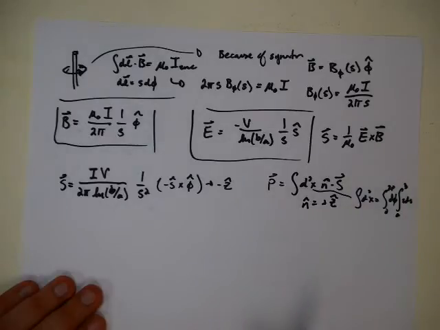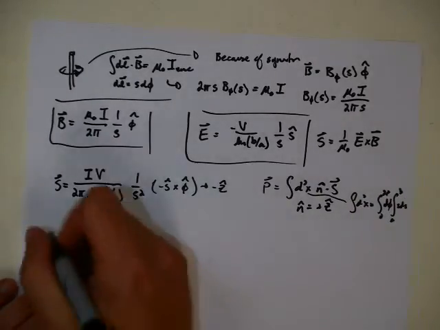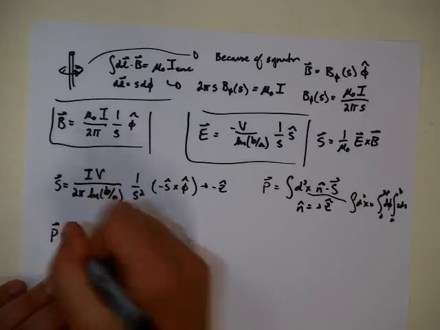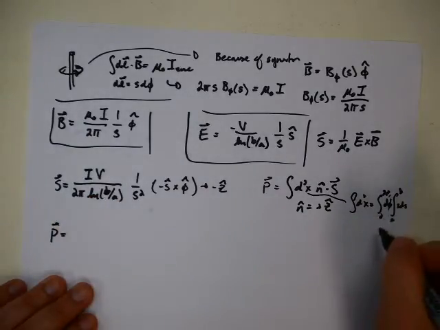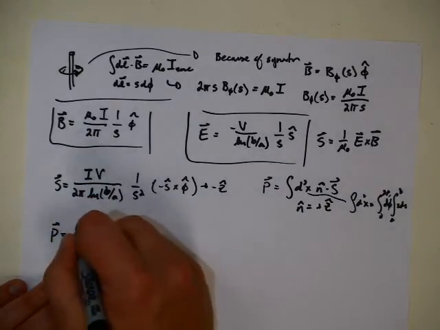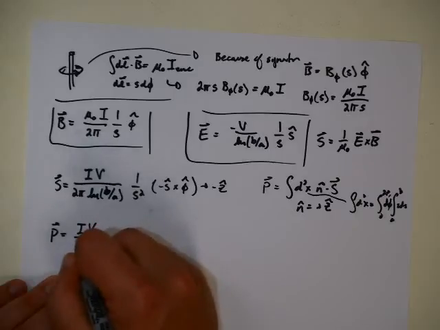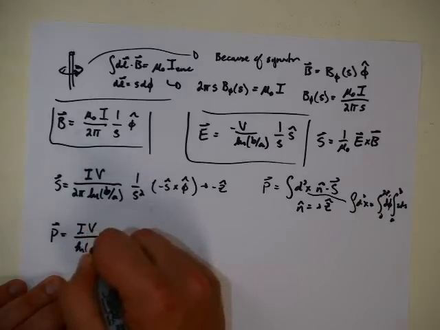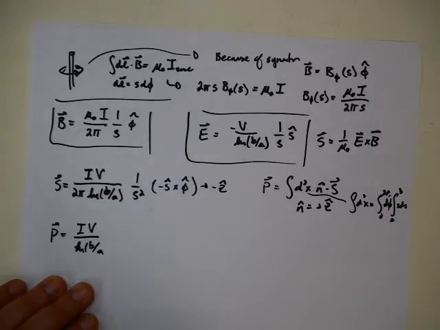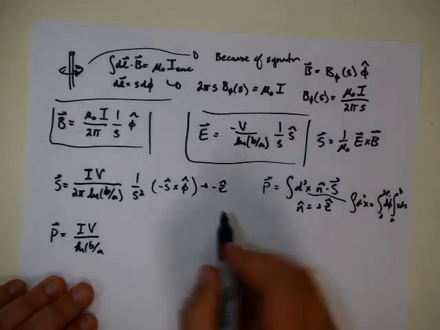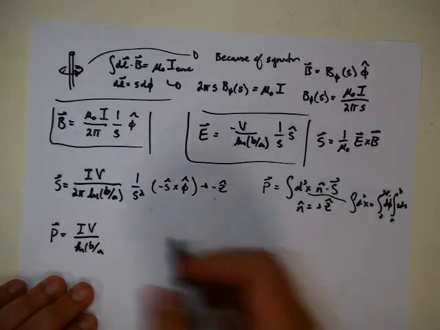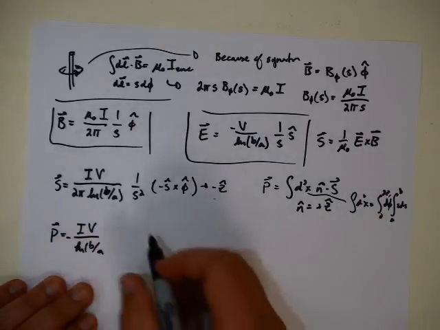So, plugging those in, the power is going to be the 2 pi, the integral over d phi is going to cancel the 2 pi. So I V times this ratio of the logs, b over a. And we get a minus sign from the minus z hat dot z hat.